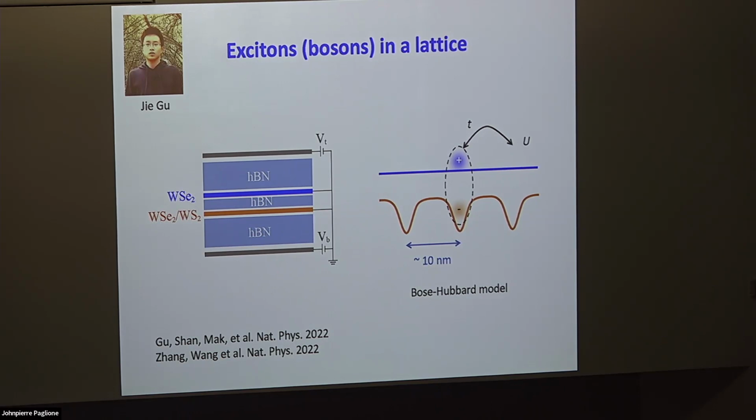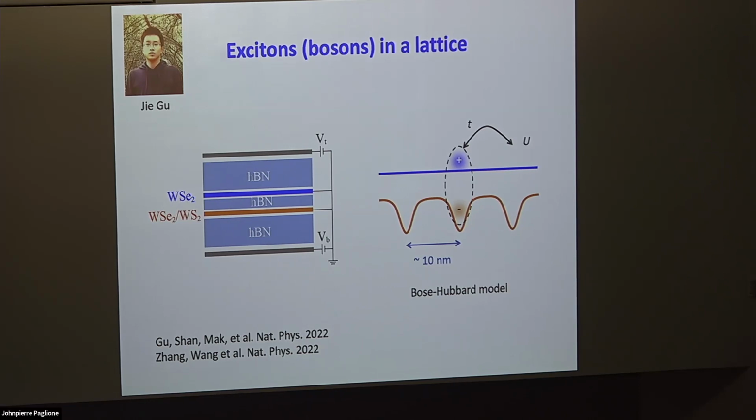So if you are doing twist angle, like the homobilayer, where the two layers are exactly the same, then the moiré period will change really, really fast at small angle. And that is interesting from a tuning point of view, but it's also annoying from a disorder point of view, because you always have some twist angle disorder in your material.